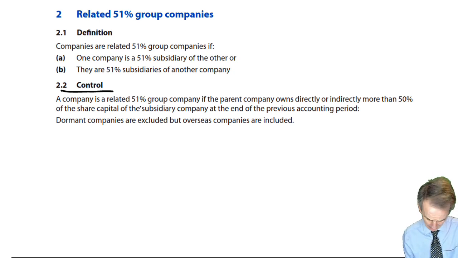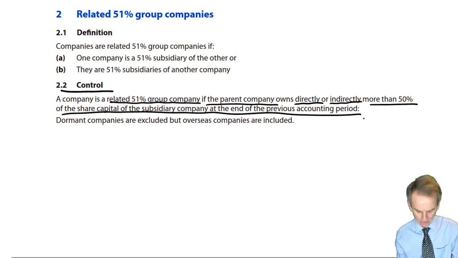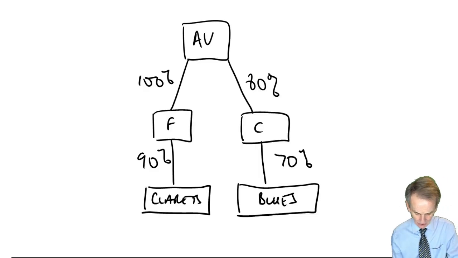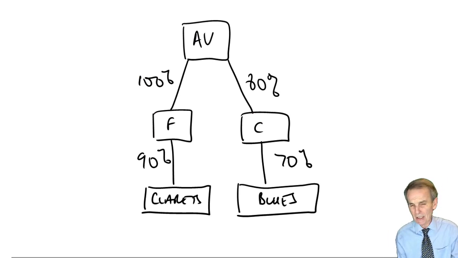And we were told here that it is a related 51% group company if the parent company owns directly or indirectly more than 50% of the share capital of the subsidiary company at the end of the previous accounting period.